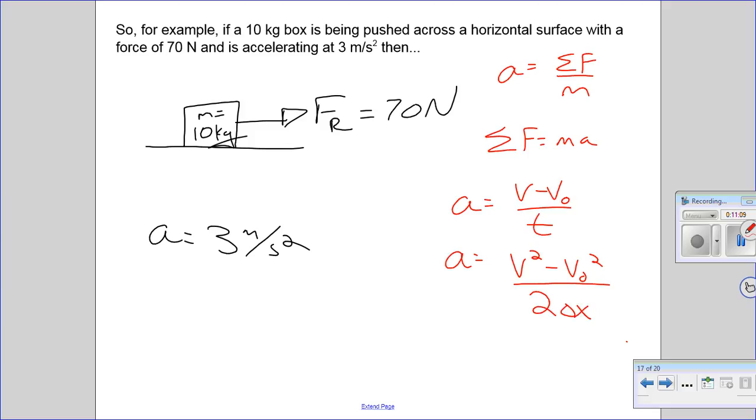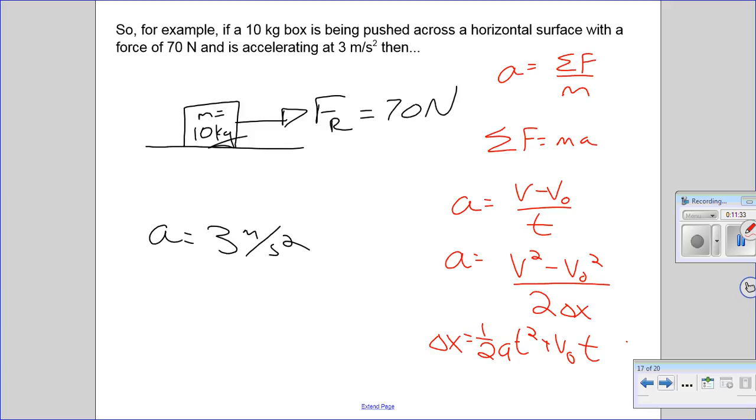You could use that equation to find acceleration, right? And then once you've got your acceleration, you can find the net force, right? Follow? In this one I just gave you the acceleration, so maybe I'm getting ahead of myself. But are we good with that?